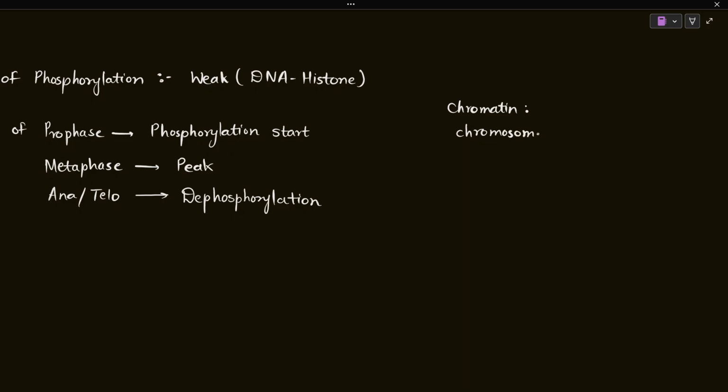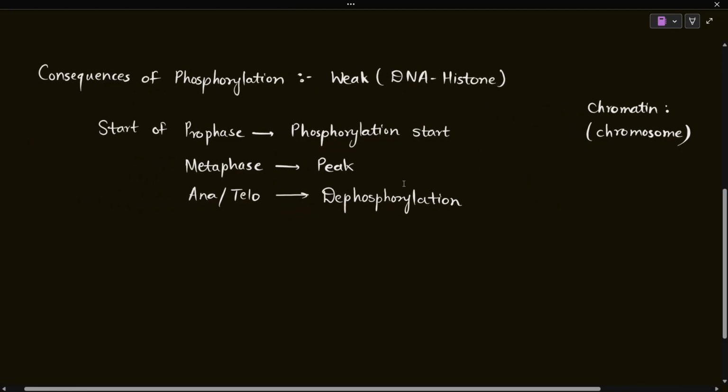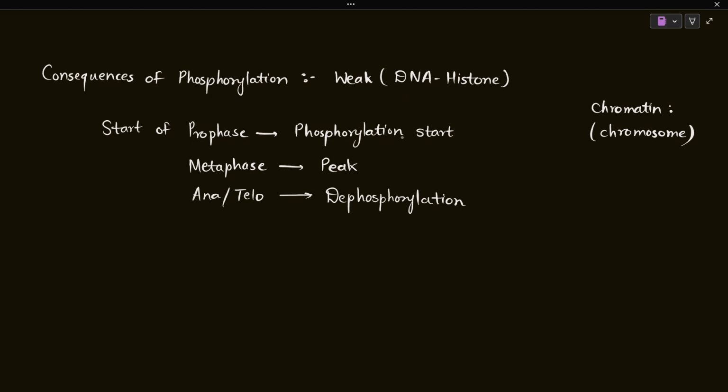And chromosomes are nothing but the highly condensed form of the chromatin. So they are a high level of order. Like the packaging is at its peak in the chromosomes. Now I guess you can easily correlate the phosphorylation to the chromatin state.